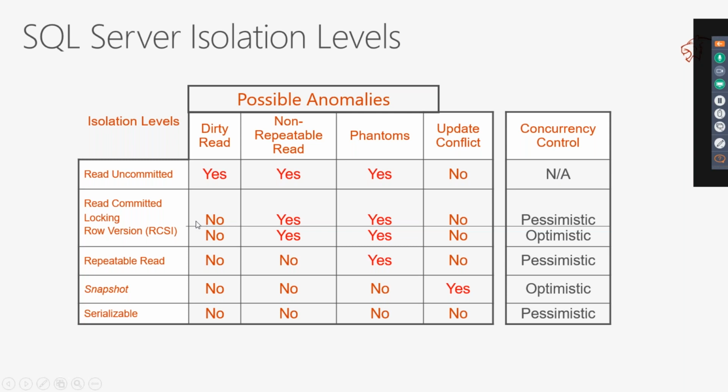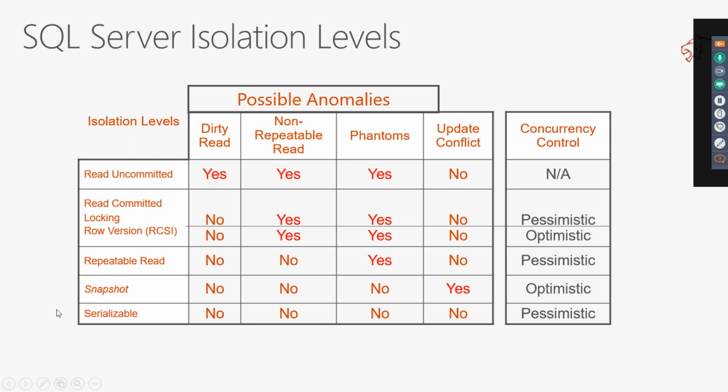The locking version, which is based on locks, and the second one based on row versioning. It is optimistic locking. And repeatable read is here, and snapshot isolation sits between repeatable read and serializable. So this is pretty much what the isolation levels look like from 2005 onwards.